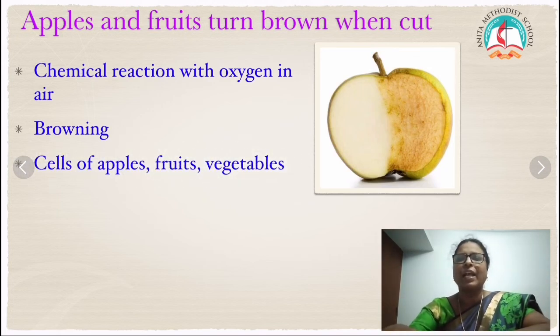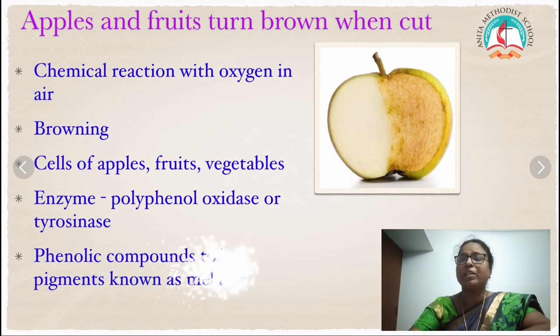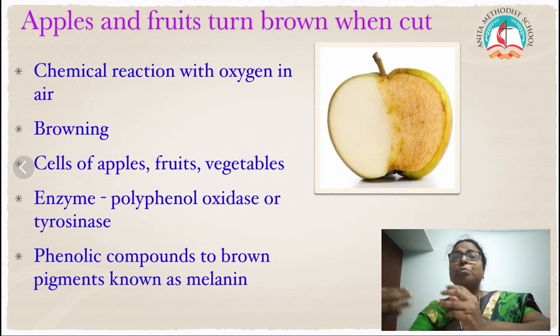The cells of apples, fruits and vegetables contain an enzyme called polyphenol oxidase or tyrosinase. When it contacts oxygen, it catalyzes biochemical reactions of plant phenolic compounds.